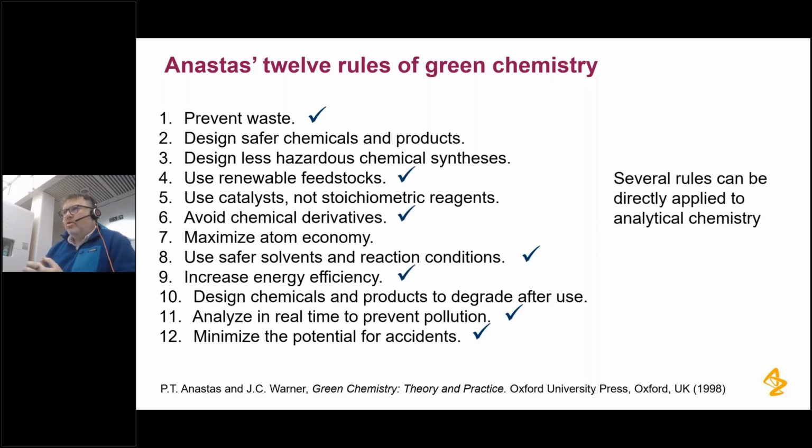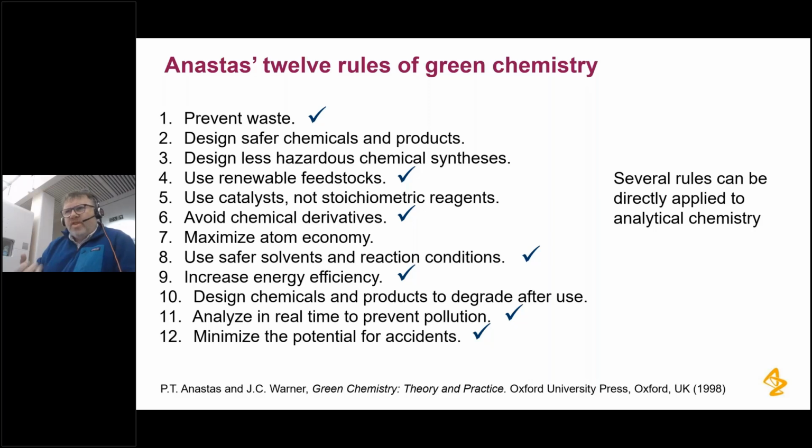He also started to pull out some key interactions where analytical chemistry has a particular element associated with his 12 green chemistry rules. These are around trying to reduce the waste that we produce, so that you're not having to get rid of much and put anything harmful back into the environment. Also, can we use feedstocks from renewable sources or biosources so that we're not having to make our solvents or reagents in an unsustainable way?